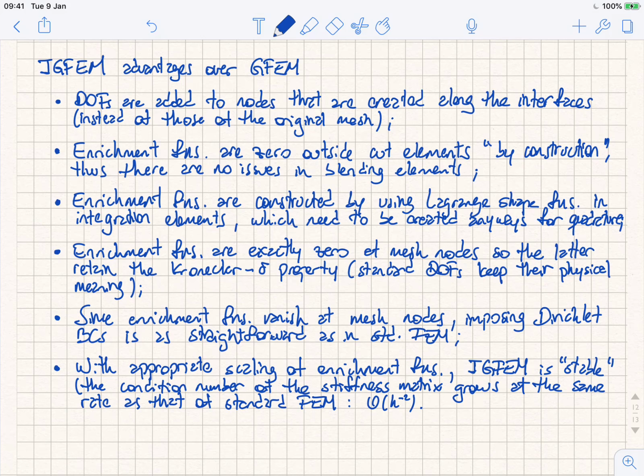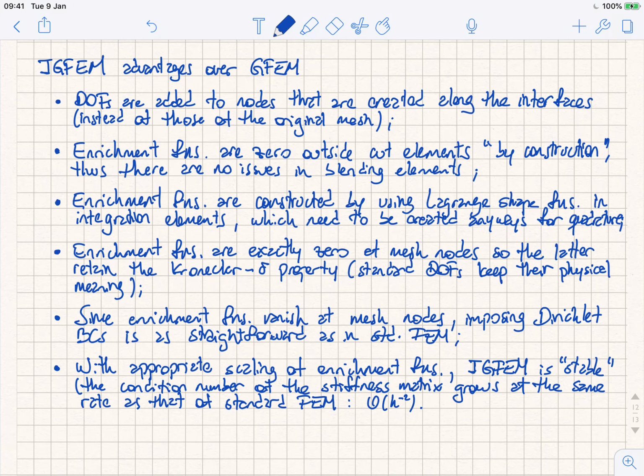Other disadvantages I can think of, well, it's not a disadvantage of IGFEM with respect to XFEM or GFEM per se, but the main disadvantage of all these enriched formulations is that you need to really have a robust geometric engine, dealing with all these cuts and intersecting those elements and figuring out which elements are cut or not.